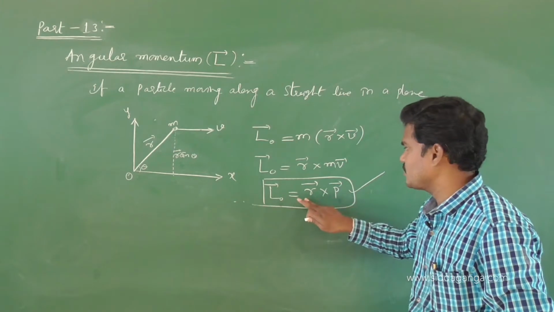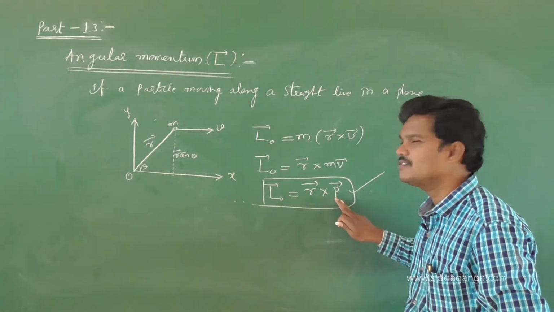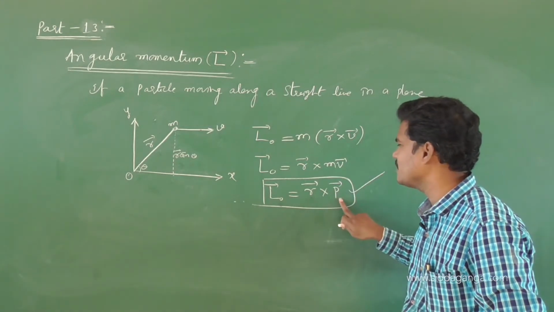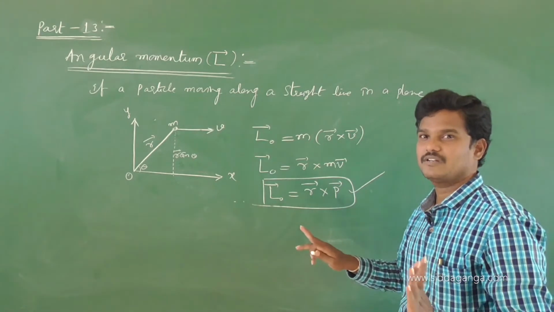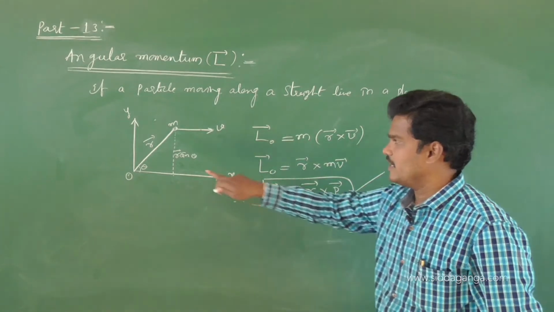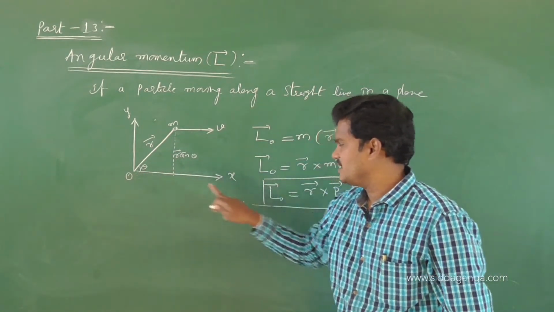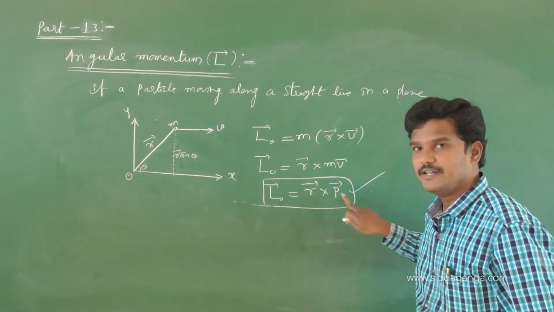If this is vector A and this is vector B, the result is equivalent to C. Directions are similar to torque. So angular momentum about O is defined as the vector product of position vector and linear momentum.